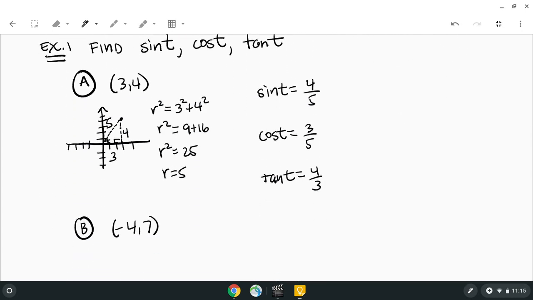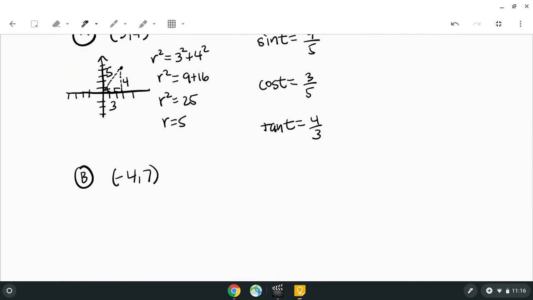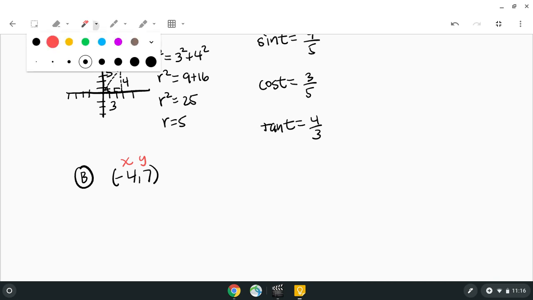And if they give you a point, then you already know the x value and the y value. So to find the r value, we just use the Pythagorean theorem.